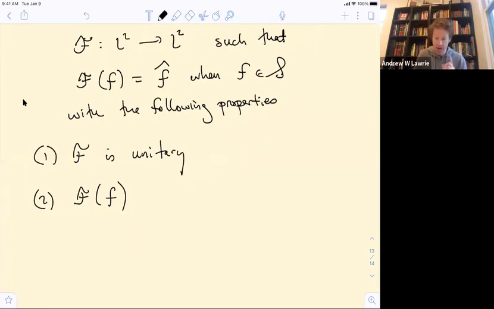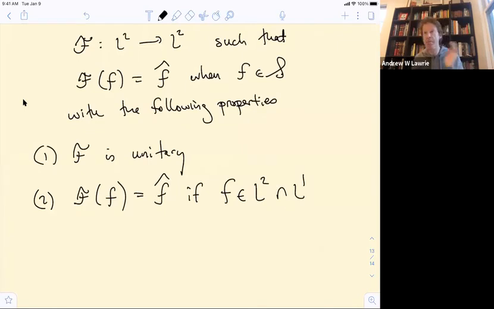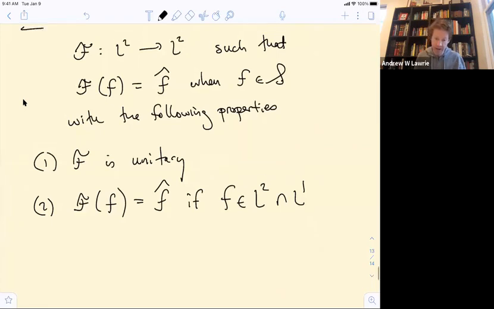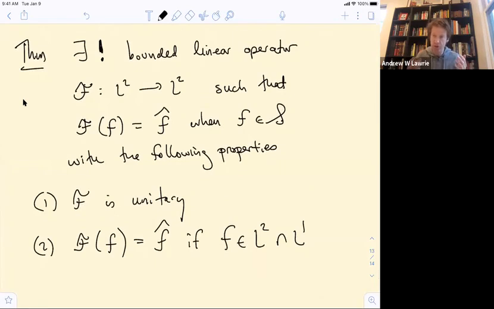So I want script F of f to be equal to f hat if f is not necessarily a nice smooth decaying Schwartz function, but is in L2 intersect L1. If f is an L2 function that happens to be an L1 function, I want this operator to also be just the Fourier transform. The content of the theorem is that there's a unique way to define such a script F.